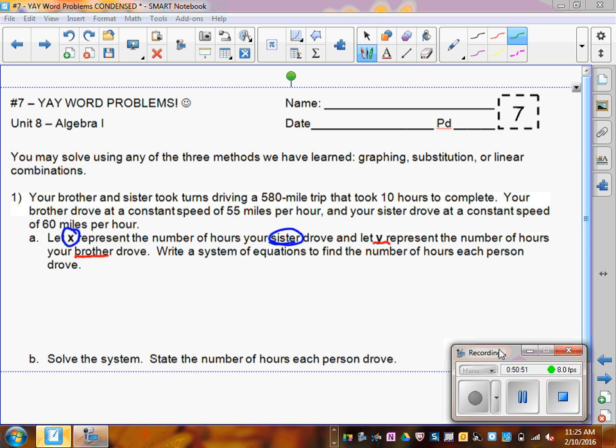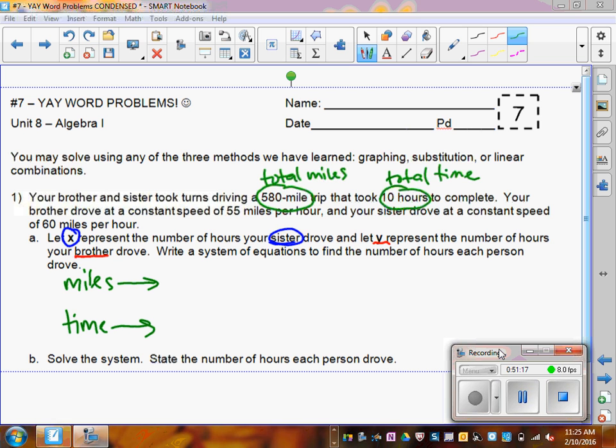We're probably looking for two totals here. So they took turns driving a 580-mile trip that took 10 hours to complete. So we've got the total mileage and the total time. So we're going to write an equation dealing with the miles and an equation dealing with our time.